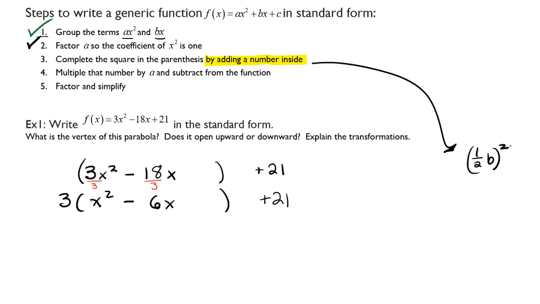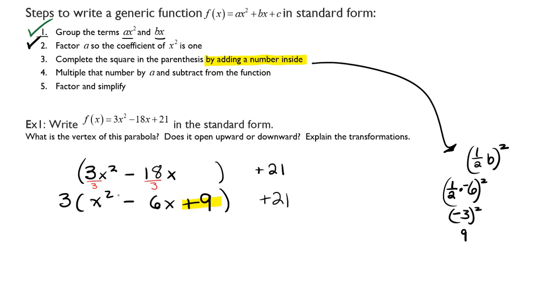Our b inside parentheses is -6, so we take 1/2 of -6 and square it, which is -3 squared, and I get 9. So I'm going to add 9 inside parentheses. But I can't just magically add 9 without doing the opposite outside parentheses.